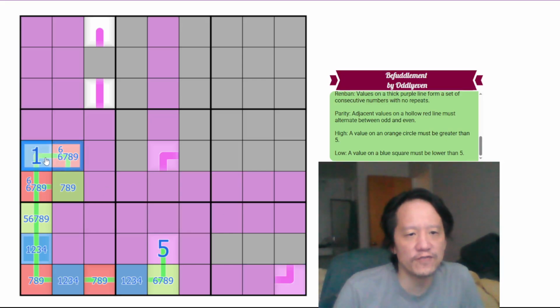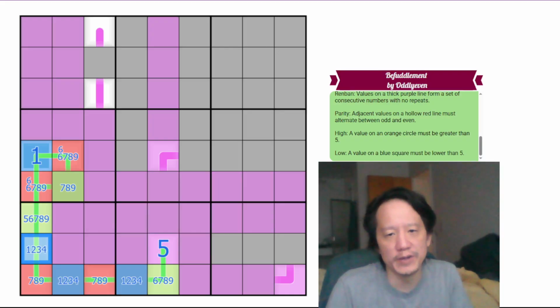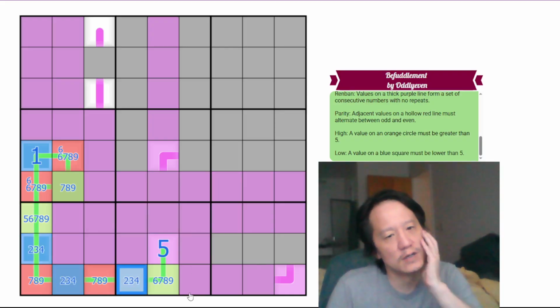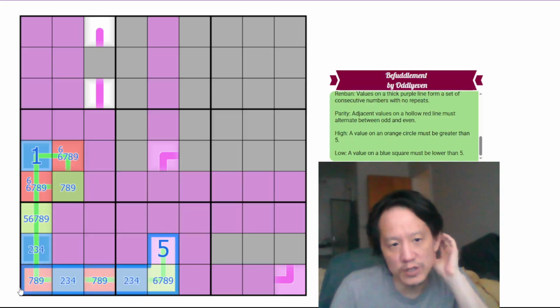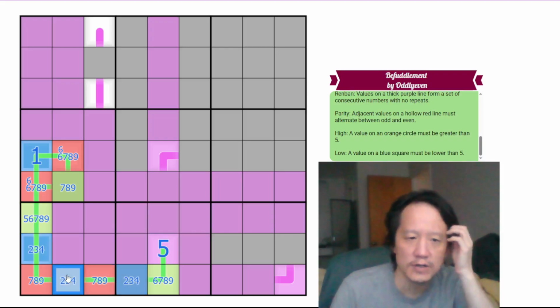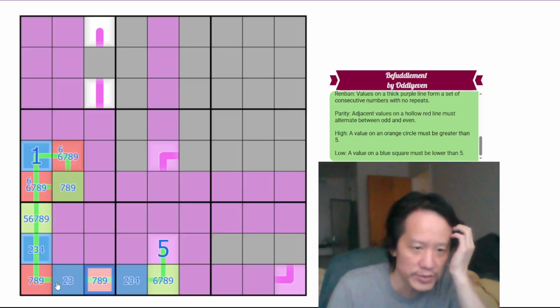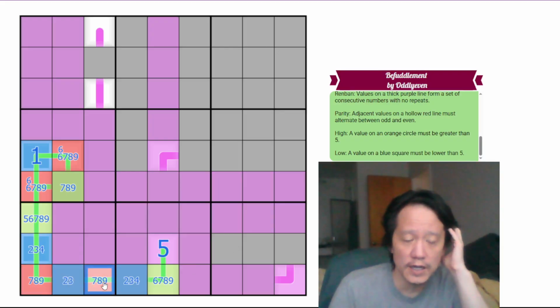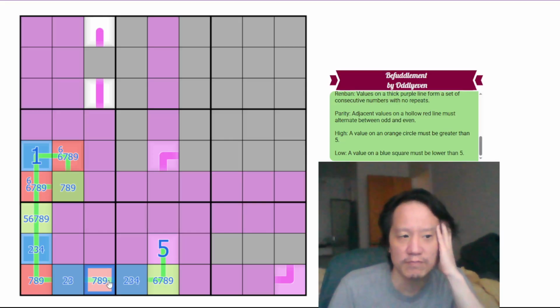Okay, where is the 4? So this can't be 1 remaining on the German whisper line because we can't have a value of 1. So we have 2, 3, and 4. So 4 is either here. It cannot be here because that would be between 2 unique digits, 8 and 9 at most.